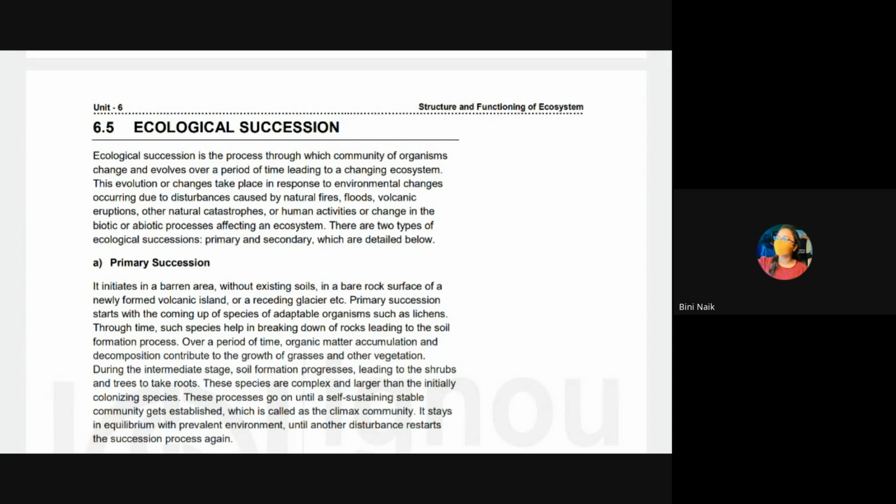Just think about the earth. Why is our planet considered a blue planet? Why do we have green plants, and why do we have life on our planet? Why is that possible? Because of this ecological succession.